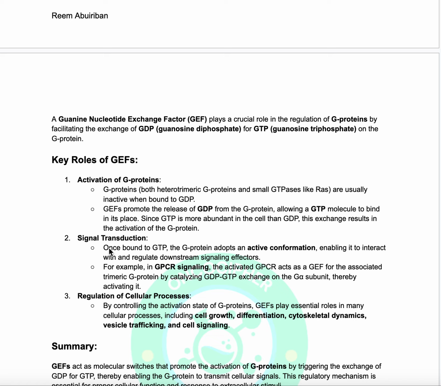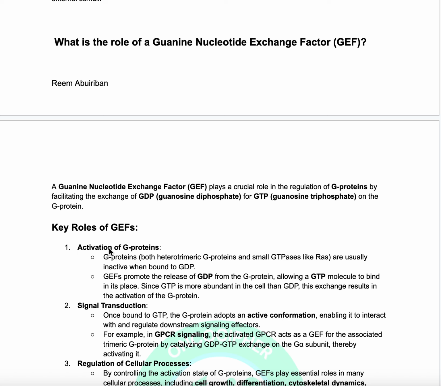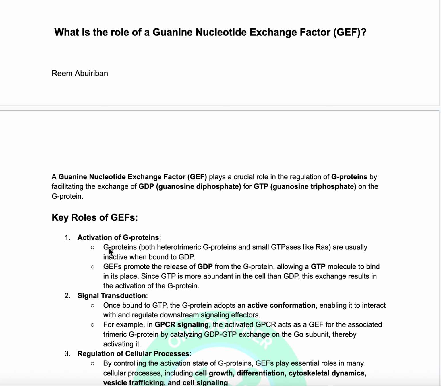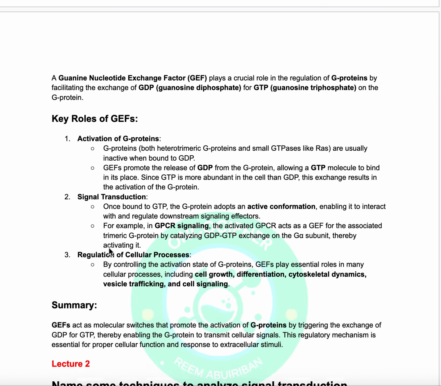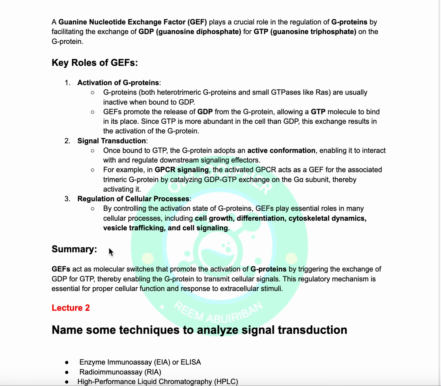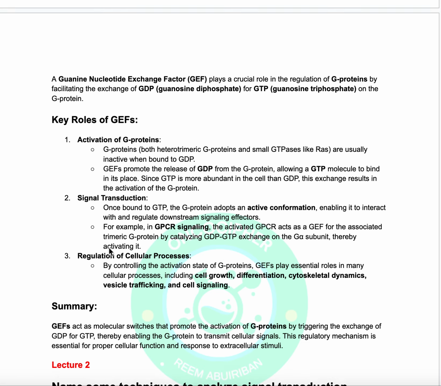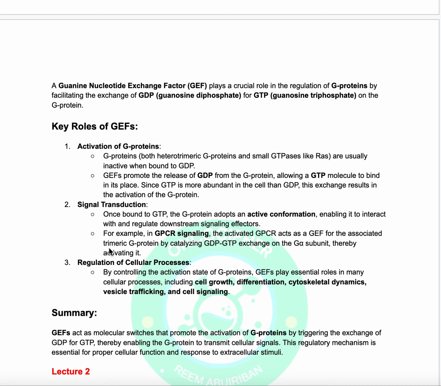What are the key roles of the guanine nucleotide exchange factor? The first one is activation of a G protein. The G protein, both heterotrimeric G protein and the small GTPases like RAS, and this is an important question, so I will discuss it later.